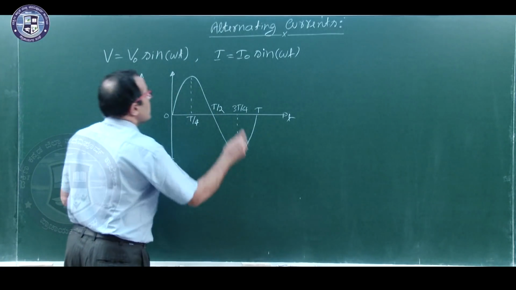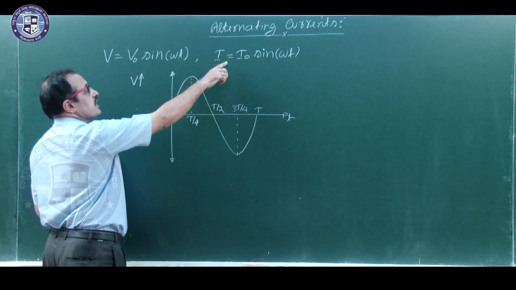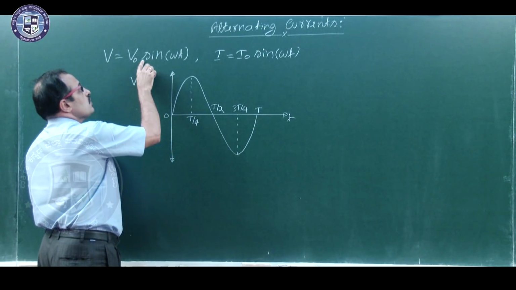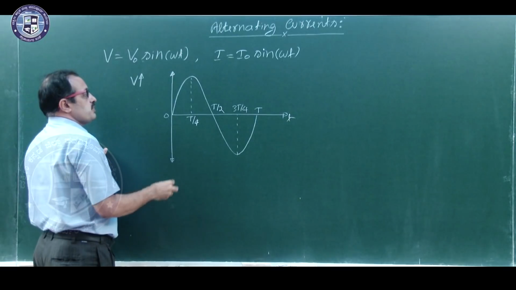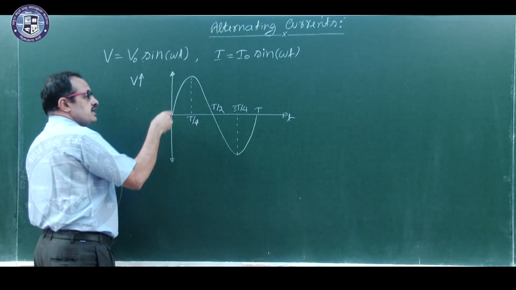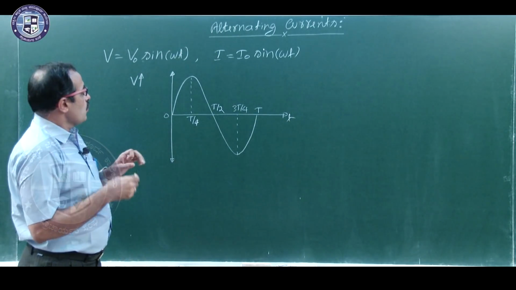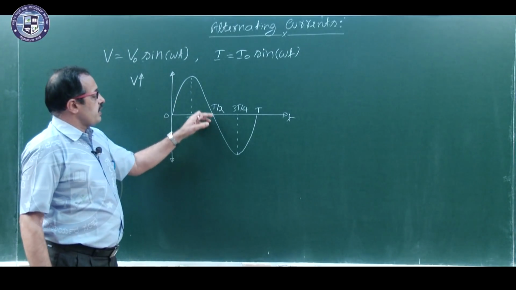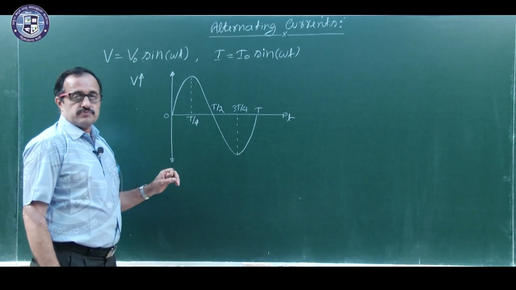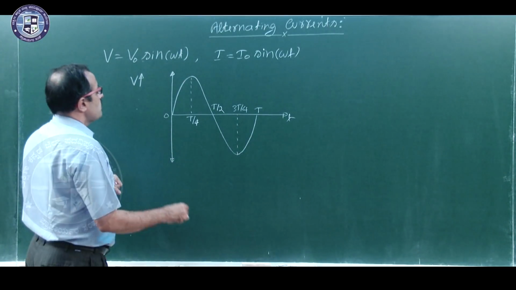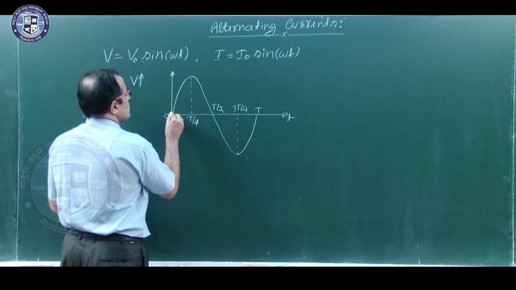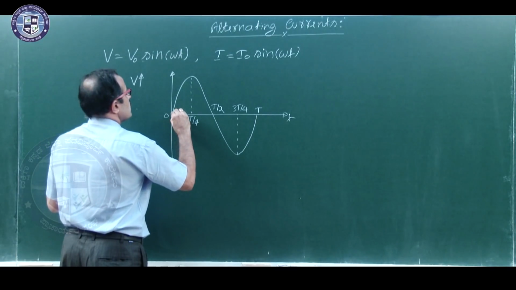Now, I want to plot current, I is equal to I naught sin omega t. Look here, it is sin omega t and here also it is sin omega t, therefore the graph must be of the same type. But in AC, in this topic, voltage is always represented by a continuous thick line, but current is generally represented by a line like this.